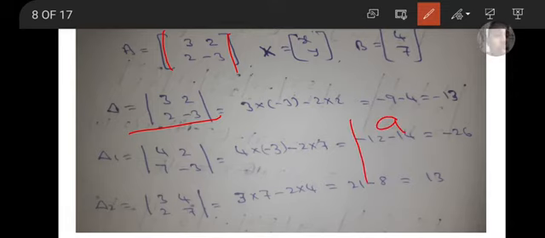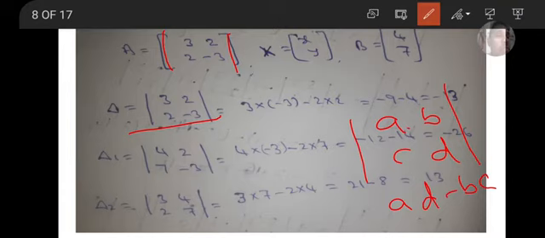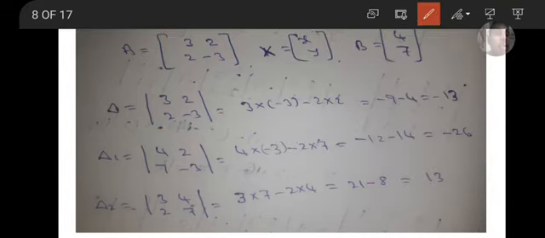If it is A, B, C, D, a 2 by 2 matrix, we have the formula AD minus BC, A into D minus B into C. That is the 2 by 2 matrix determinant. Therefore, AD means 3 into minus 3, minus BC means 2 into 2. Therefore, minus 9 minus 4, that is minus 13.